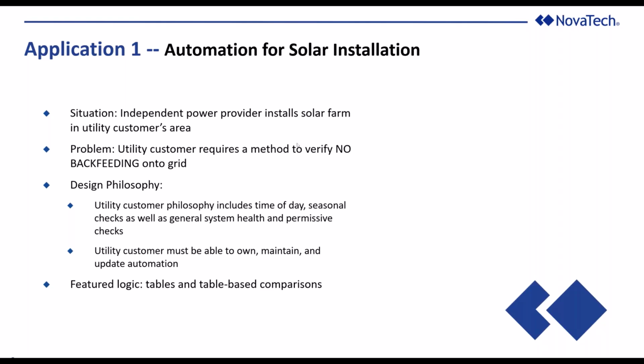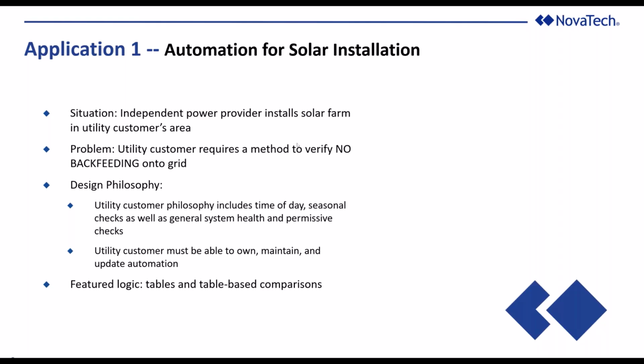So one problem is they can't have any reverse power flow. And in this case, one of the jokes during this project was we don't want to be collecting any moonlight. So there were various reasons we would take the solar installation offline.